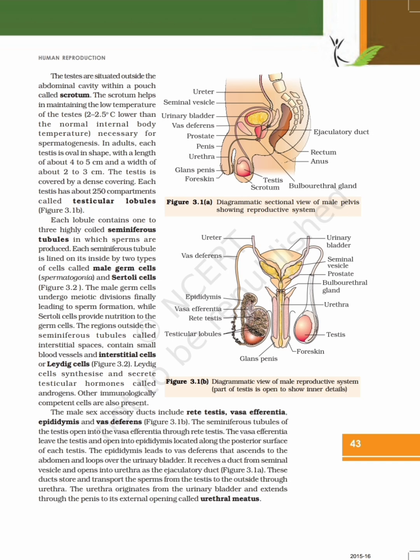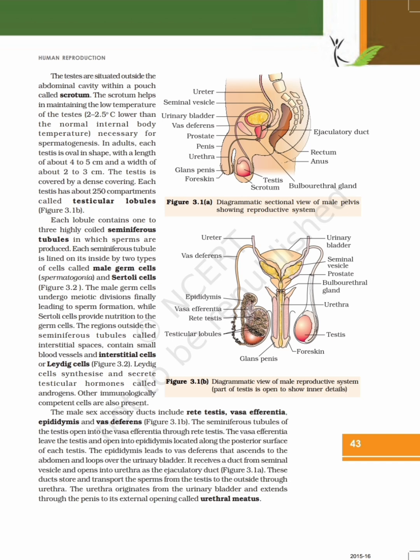One more important thing is the male reproductive system's location. This may be asked in 1 mark questions, even in 2 mark questions, because locations are very important. The male reproductive system is located in the pelvis region. Mark my words, the pelvis region.